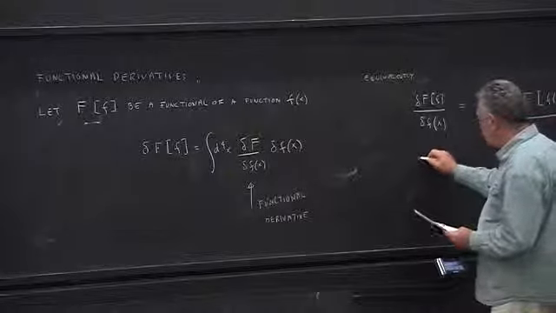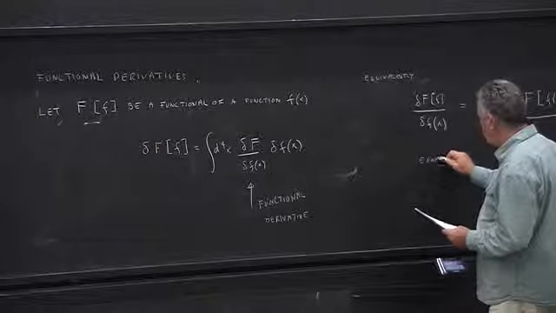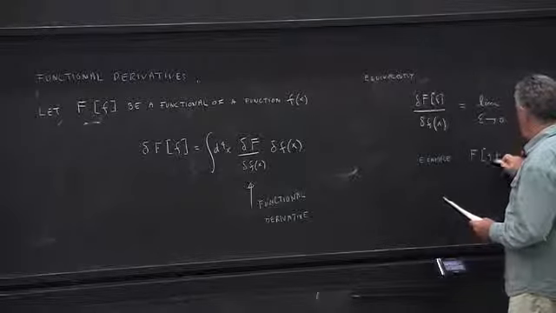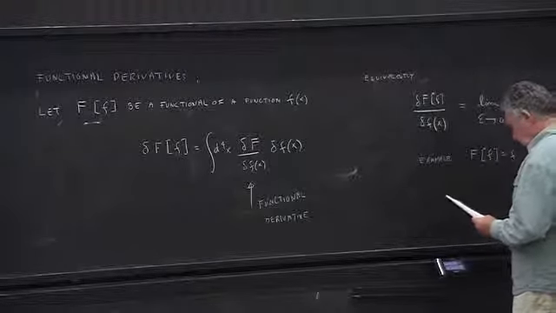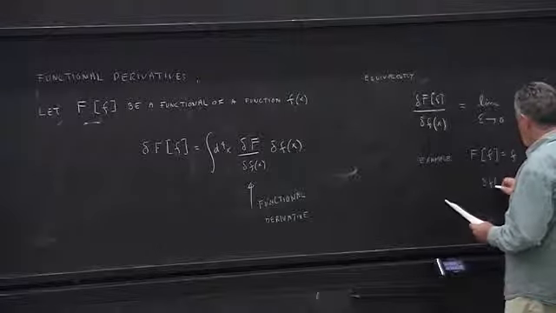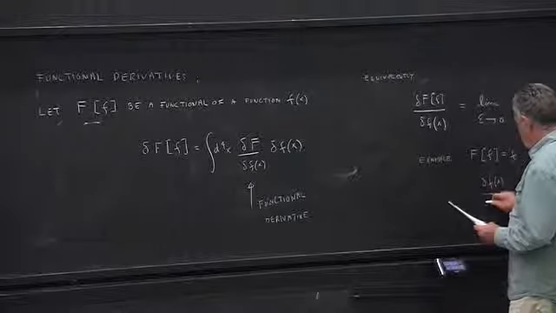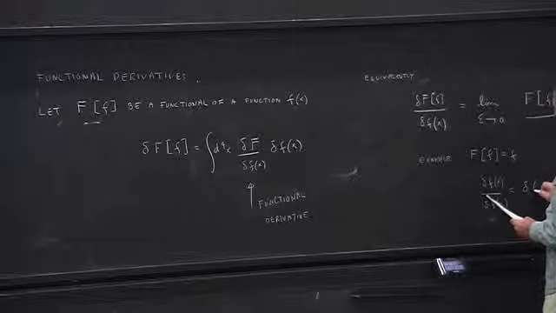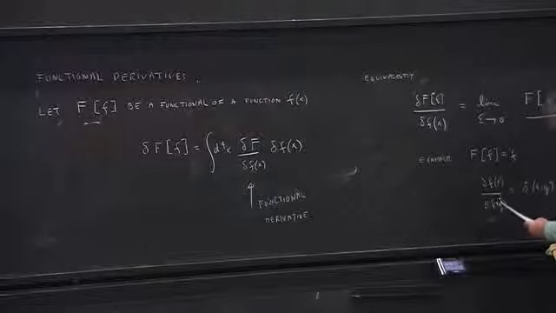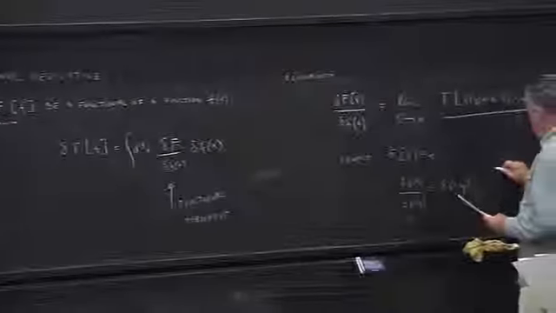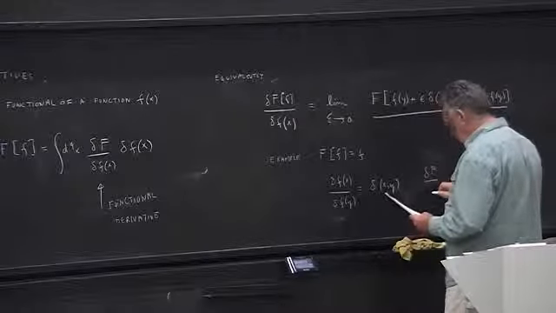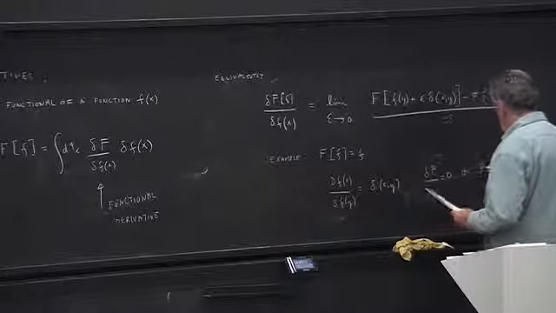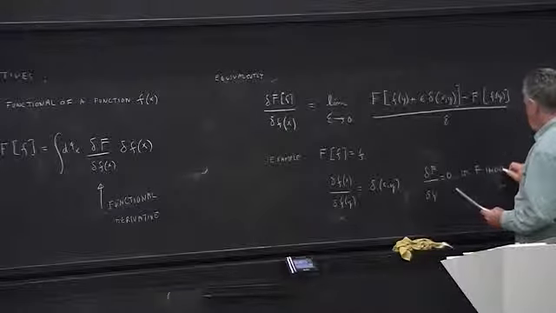Example, if F is phi itself, delta phi of x over delta phi of y is just delta of x comma y. And the functional derivative is 0 if F is independent of phi.